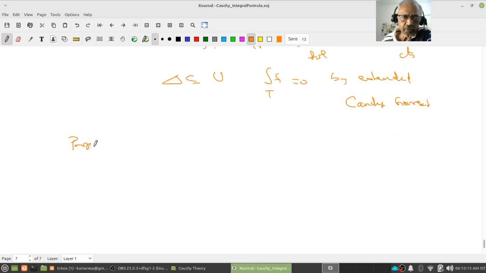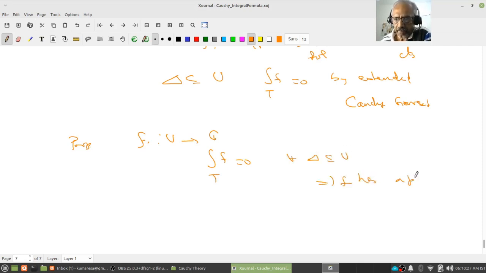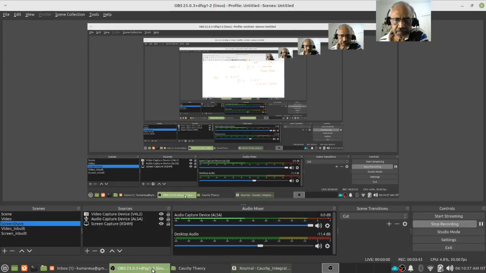Our earlier proposition says if f is continuous from U to C, such that the integral of f over t is 0 for all delta contained in U, then f has a primitive. So as I said, please go through it once again. Please go through the proof.